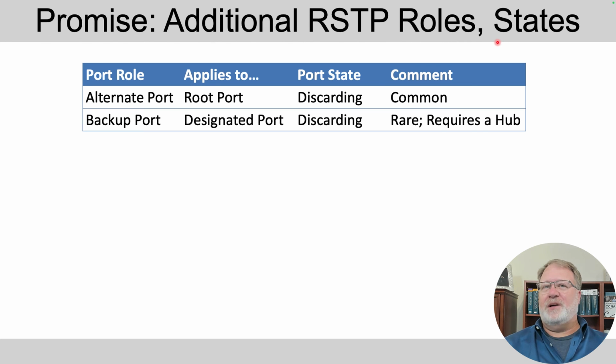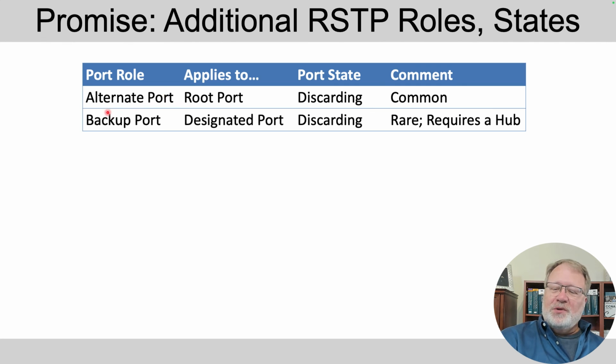All right, final thing. I promised I'd give you something looking forward. Rapid spanning tree speeds up what happens when convergence happens. That is, something breaks or recovers. How do we figure out the new topology for spanning tree? So watch for the term alternate port in particular. It lets a switch have a port that's standing by ready to take over for the root port. It's very common. You'll see it in networks today.